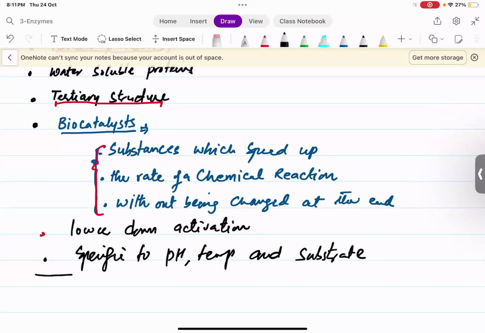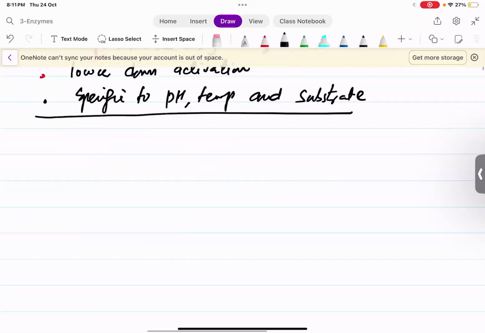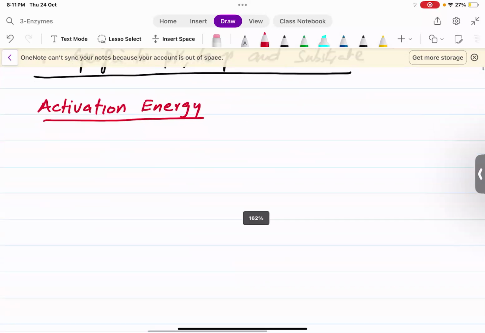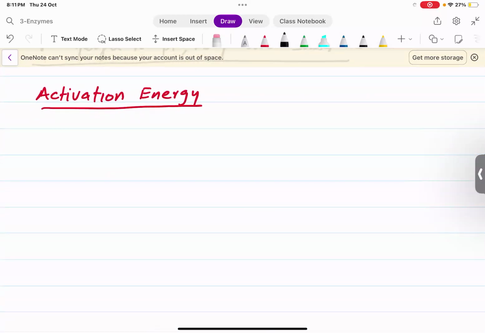Okay, so let's see what does an activation energy mean. You already know that every substance has some chemical potential energy, some substances have lower chemical potential energy, some substances have higher chemical potential energy.